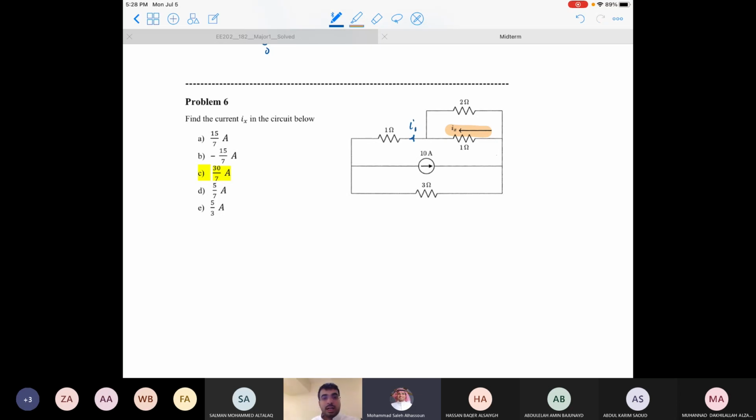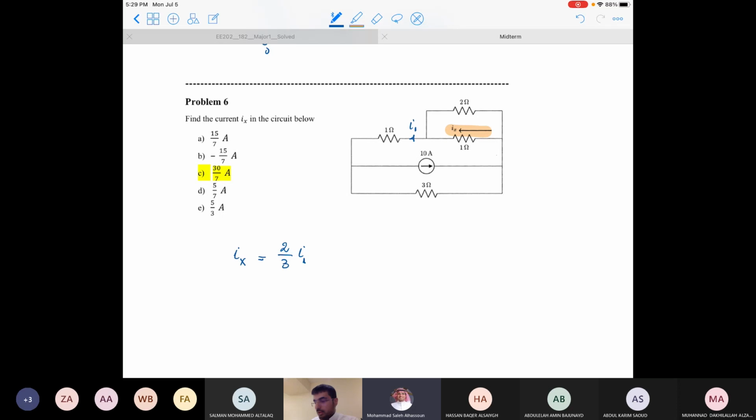So what's the relation between I1 and Ix? Ix is 2 divided by 3 multiplied by I1. So I'm using the current divider law.